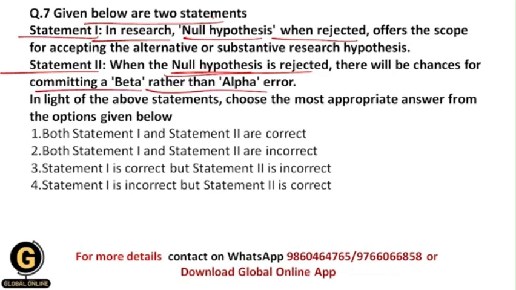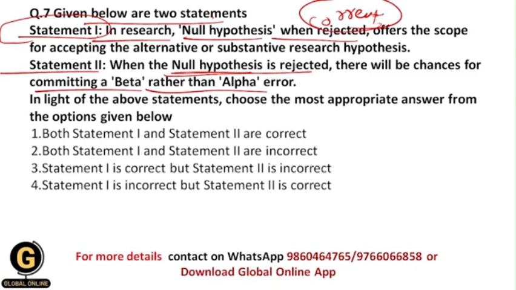So now statement 1 states that whenever in a research process we reject the null hypothesis, then obviously it offers us the scope that we need to accept the alternative or substantive research hypothesis, and this statement is correct, because whenever we reject the null hypothesis, then automatically we accept the alternative hypothesis. Okay, because this is a rule. Okay, and that's why this statement is correct.